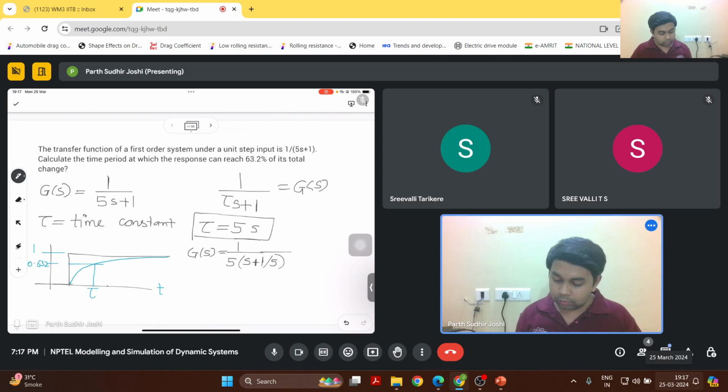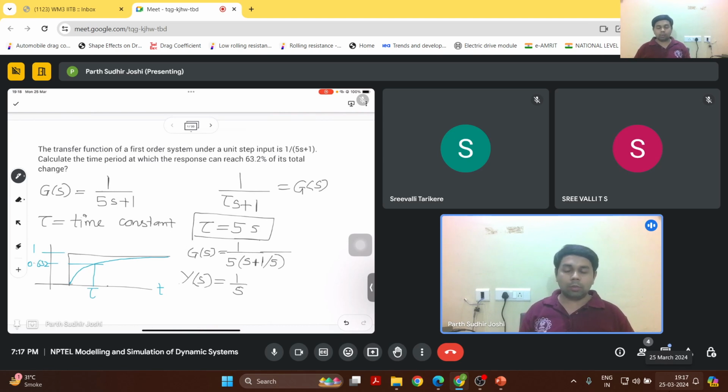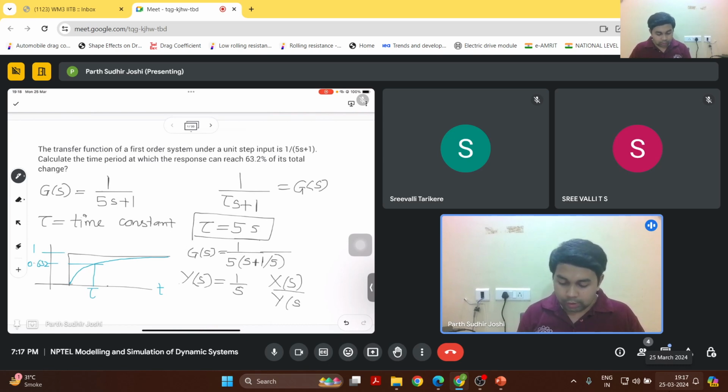So the response, let us say if we apply a step input, then the Laplace transform of a unit step input starting at t equal to 0 is 1 upon s, and we want to find the response X(s). So X(s) by Y(s) is our transfer function G(s).